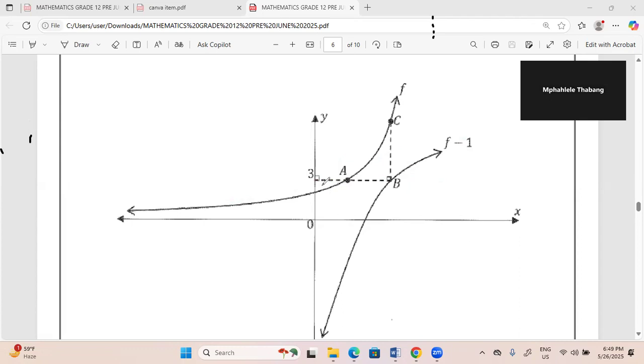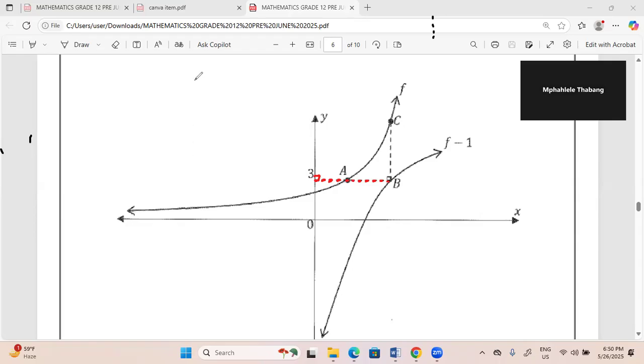They are saying this line, okay, this line, is perpendicular to the y-axis. The line that is perpendicular to the y-axis is parallel to the x-axis.